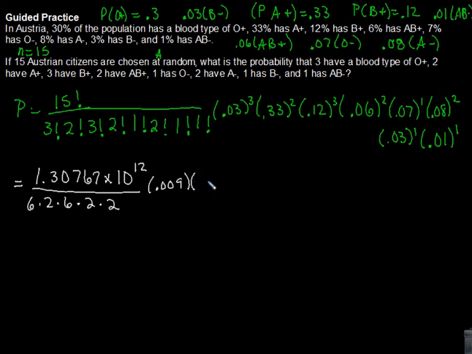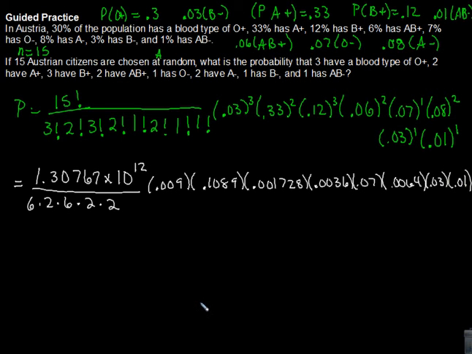And then my decimals taken to their various exponents. Okay, and when I multiply these together and divide this, I get another really short number.